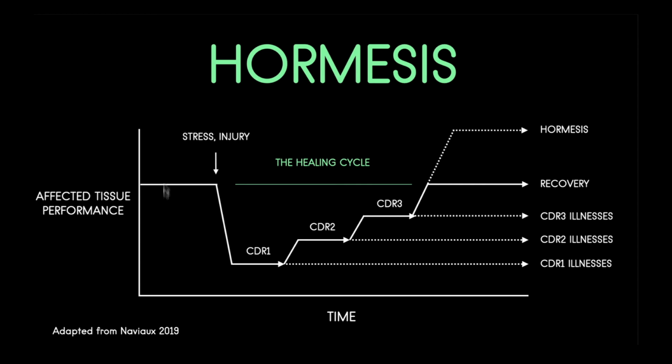So we can see that here is the stress or the initiation of the cell danger response, and then we go to CDR1, then CDR2, then CDR3, and then recovery. But sometimes, let's say we've exercised and then we become stronger, we have this hormetic effect. And if cells or tissues get stuck in any of these stages, then we develop these illnesses.